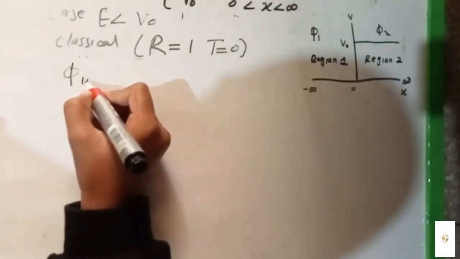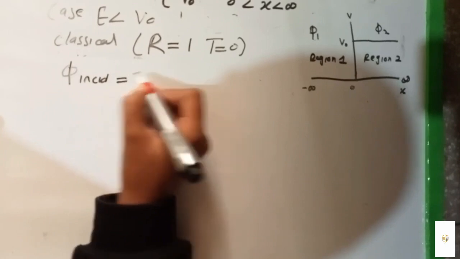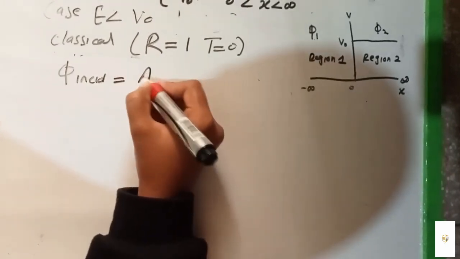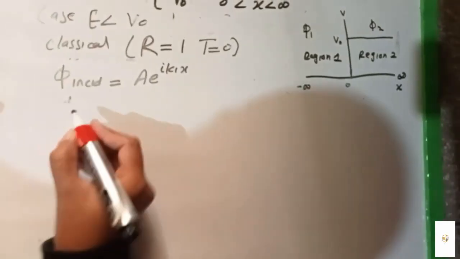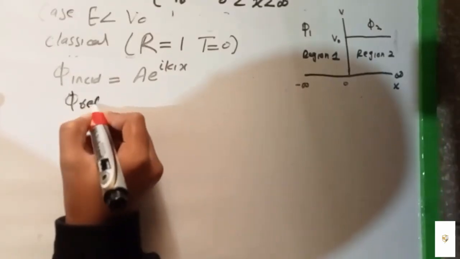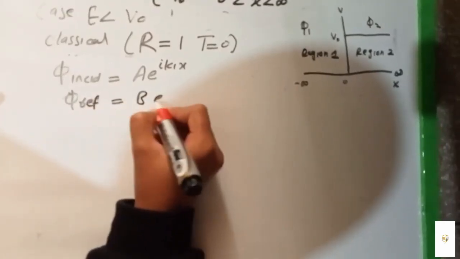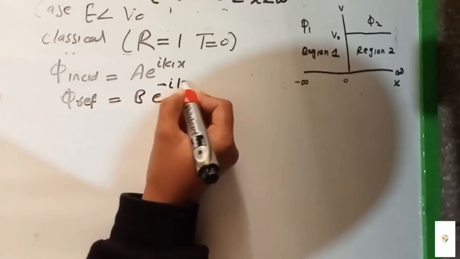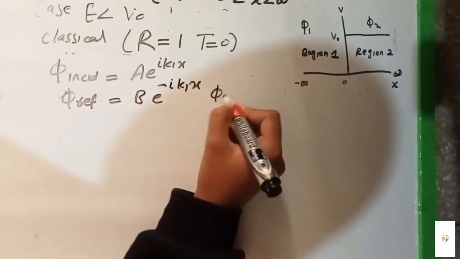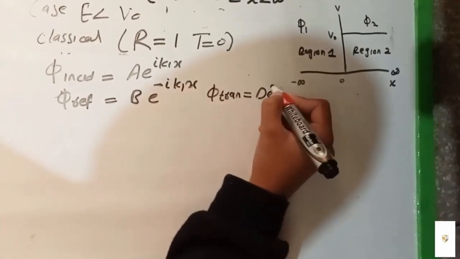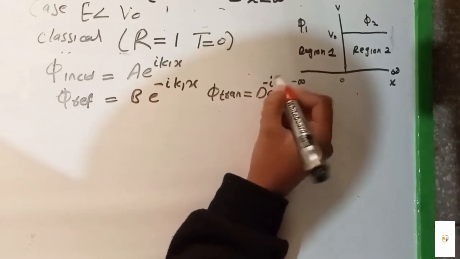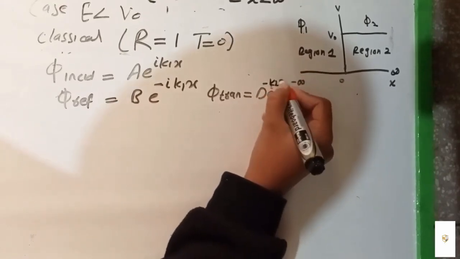So phi incident is equal to A exponent iota k1 x, phi reflected is equal to B exponent minus iota k1 x, and phi transmitted is equal to D exponent minus k2 x.